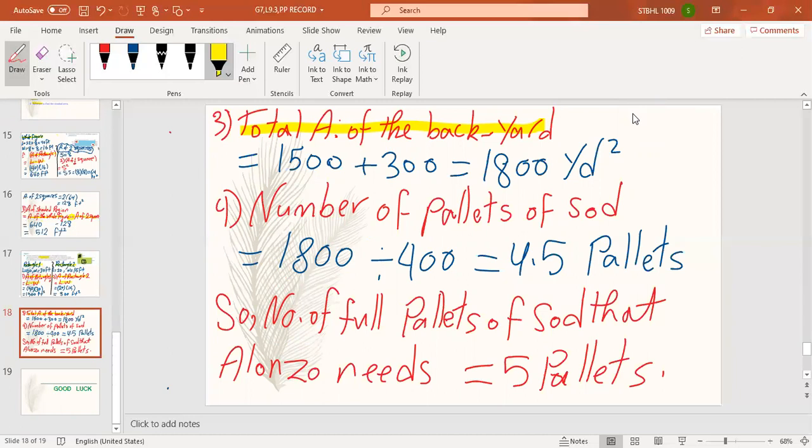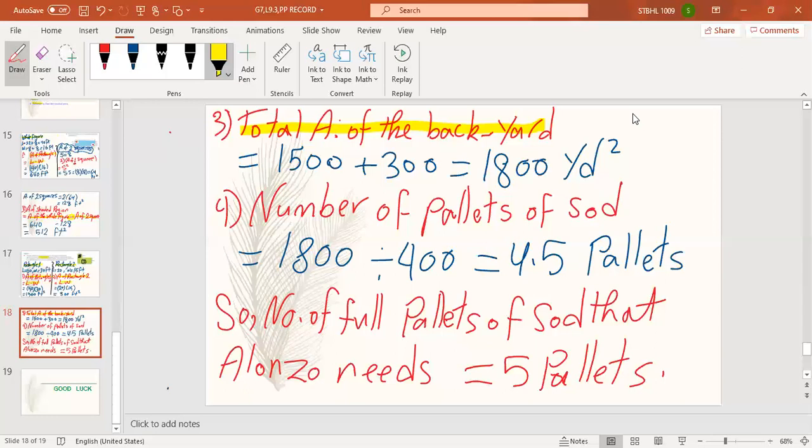Alonso needs to sod his backyard. The figure shows the measurements of the area of his yard, which he intends to sod. One pallet of sod covers 400 square feet. Oh, one pallet covers 400 square feet. How many full pallets of sod will Alonso need?